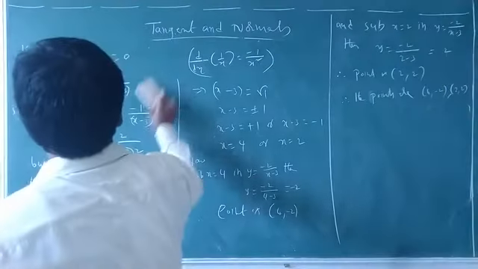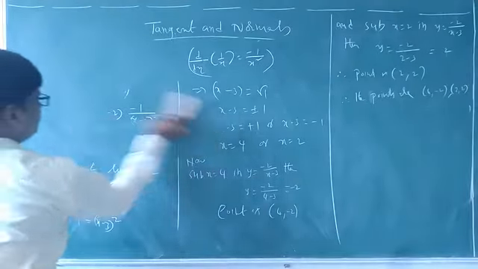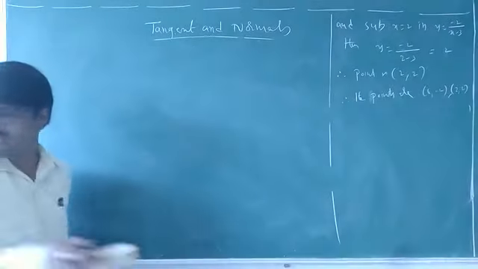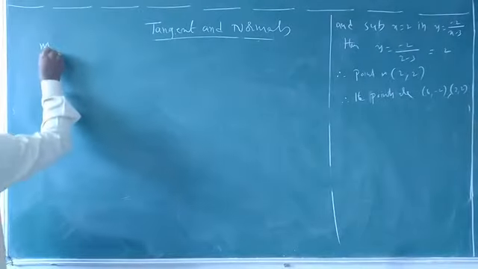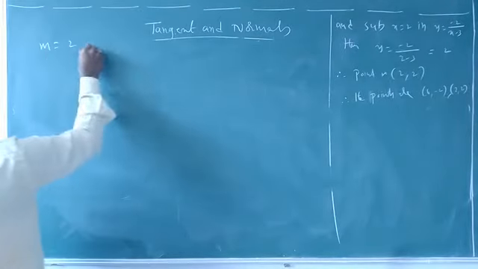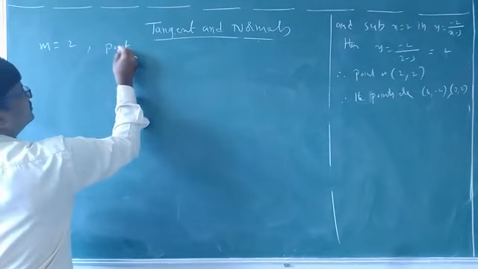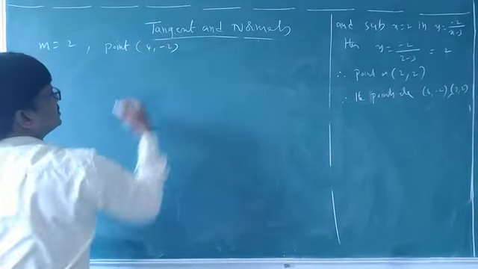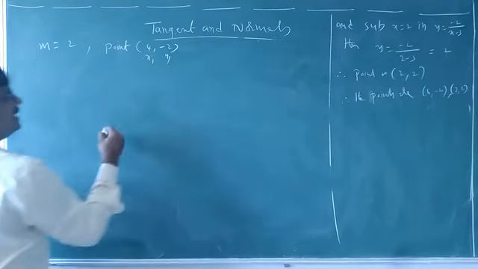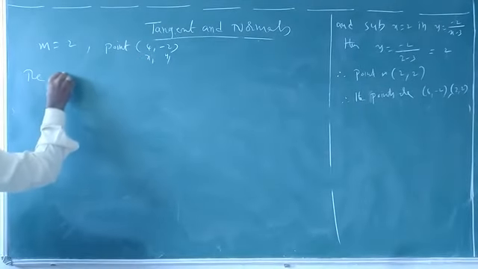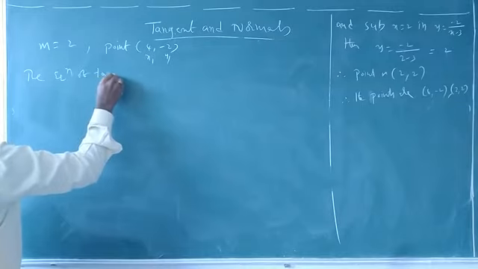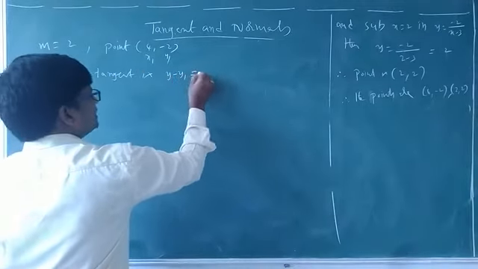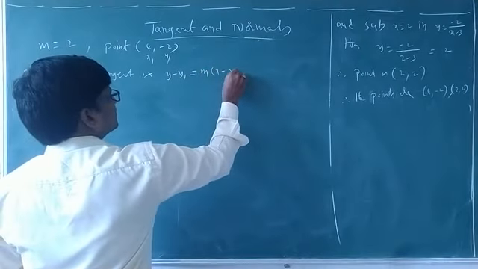So now see. Here the slope m is equal to 2 and the point, first, is (4, minus 2), which is (x1, y1). The equation of tangent is y minus y1 is equal to m into (x minus x1).